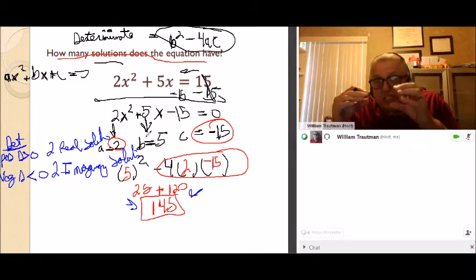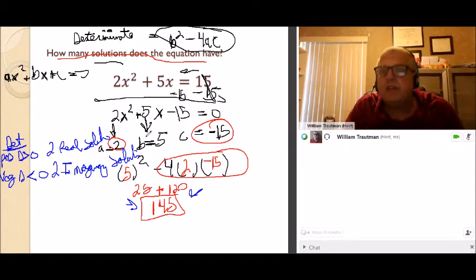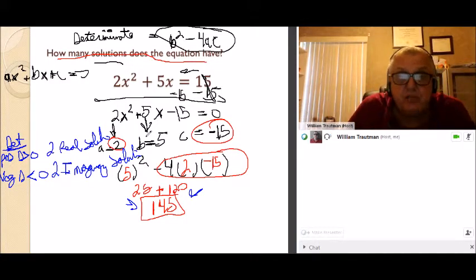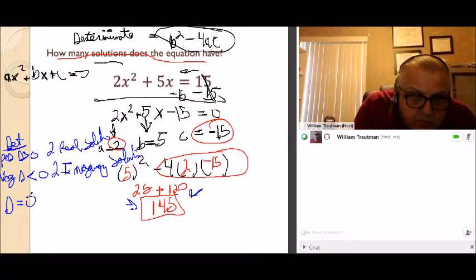If you have a negative inside of a square root, this is the stuff that's in a square root, you're going to end up having an answer with an i. So if the determinant is negative, you would have 2 imaginary solutions. And if your determinant actually equals 0, you will just have 1 real solution.